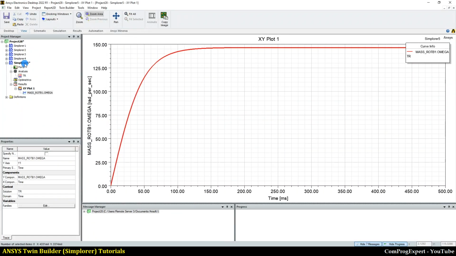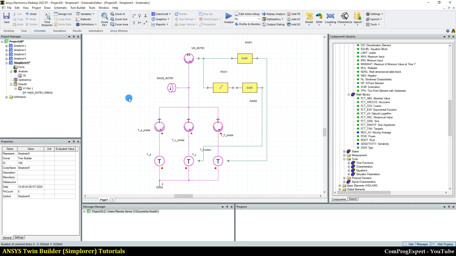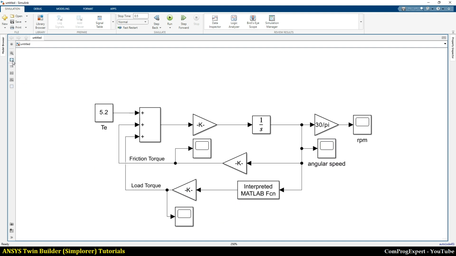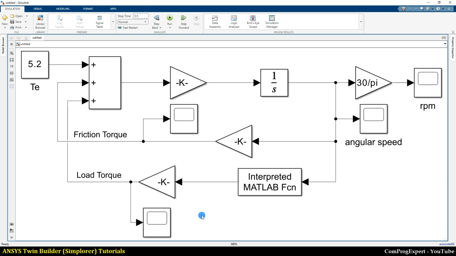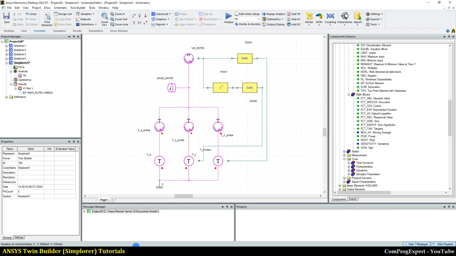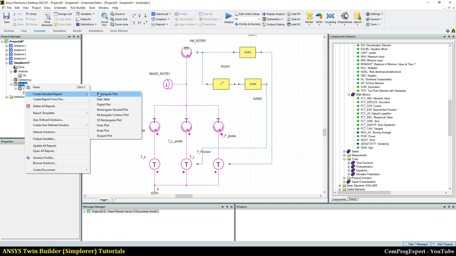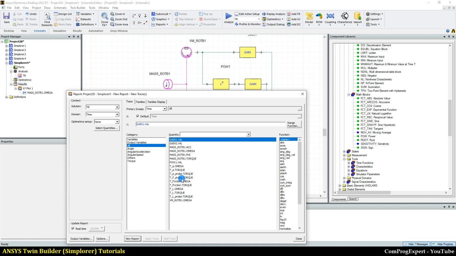We can get the same curve here. So you can compare this Simulink model, how we solved that torque equation here, and how we solved the torque equation here. Yes, calculated the friction torque, the load torque, this circuit, and this math element. Also, you can plot the value of the friction torque.